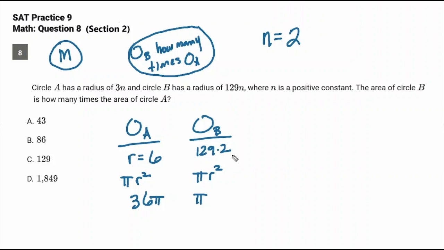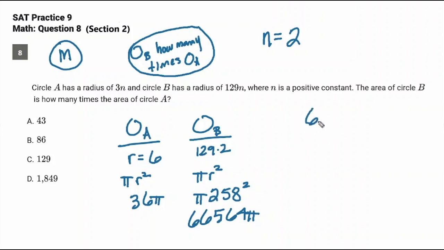So get out your calculator. That's 258 squared. It's going to be a big number. But what do you care? You've got a calculator. So it's 66,564 pi.